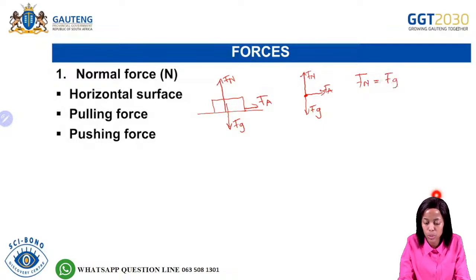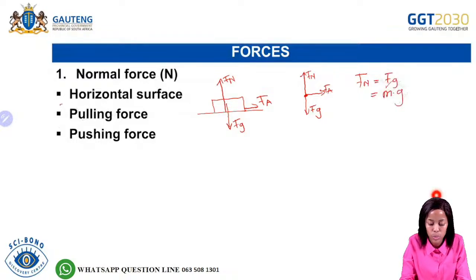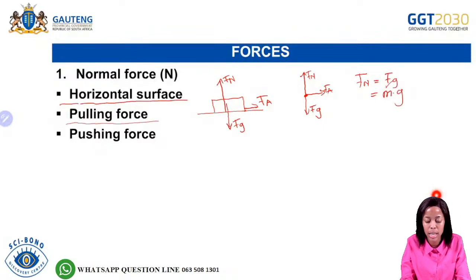From there, you can break down the Fg into mg, where m represents the mass in kilograms, and g represents the gravitational acceleration constant, which is 9.8 meters per second squared. So we just talked about a horizontal surface. From there we can also have a pulling force and also a pushing force.